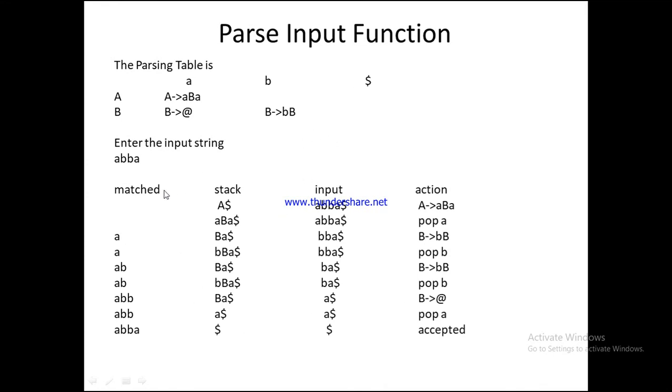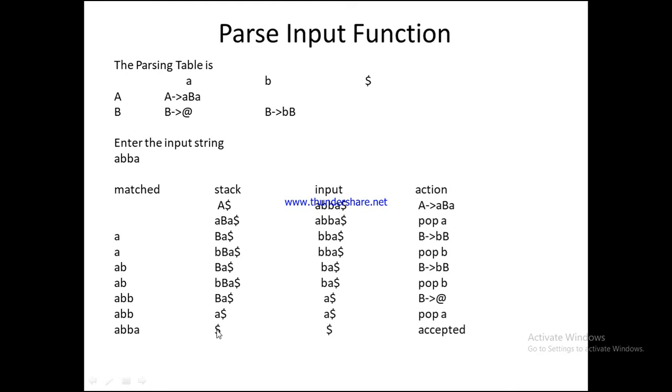So all of you know that we have already solved some examples of how to parse the given input. So here you will have four columns. One is matched, whatever the input is matching comes under matched, and these are the stack contents, and these are the input what we are having in the input buffer, and these are the actions, whether we are reducing with any of the productions or we are popping the given element when there is a match.